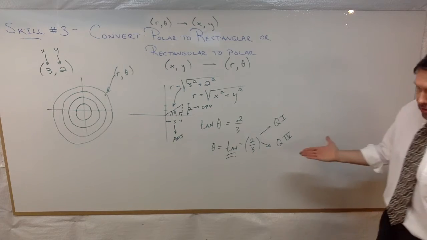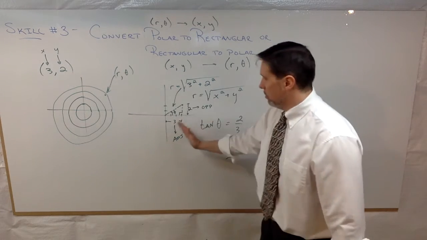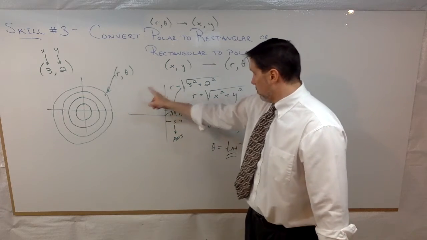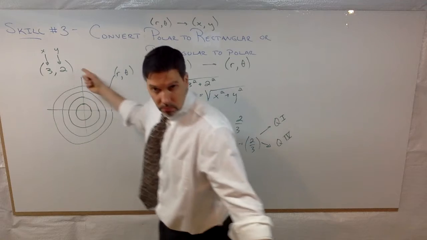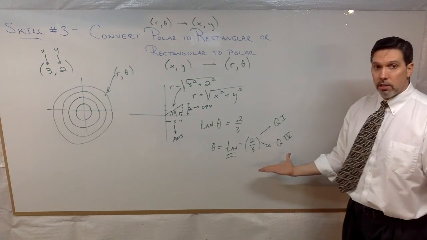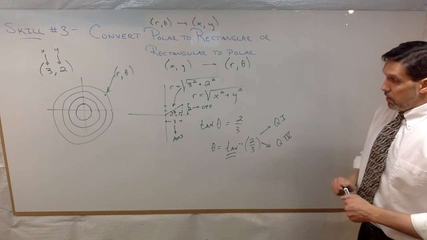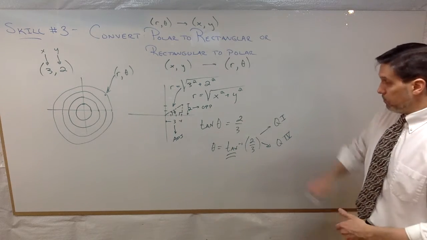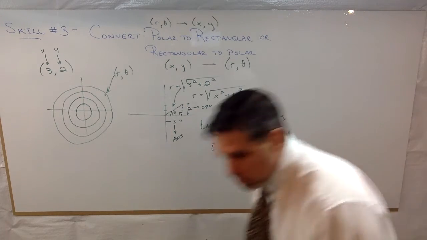Well, my question to you is, what happens if we're in quadrant 2? I mean, what if I would have picked an ordered pair as -3, 2? What do you do then? Because this sure is not going to give you your correct answer. What it's going to give you is a reference angle, right? And we'll see how to fix that when we actually write out these formulas. But this is the idea. So let's put it all together.